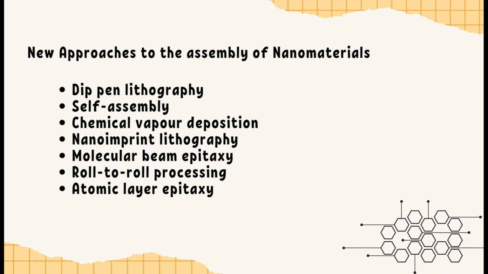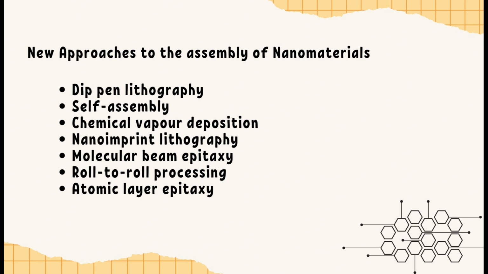Commonly, ginagamit ito sa mass production due to its efficiency. Pwede din ito gamitin sa pagbuo ng mga flexible electronics, solar cells, at iba pang mga nano devices. This method enables fast and cost-effective production of nanomaterials with nanoscale features.